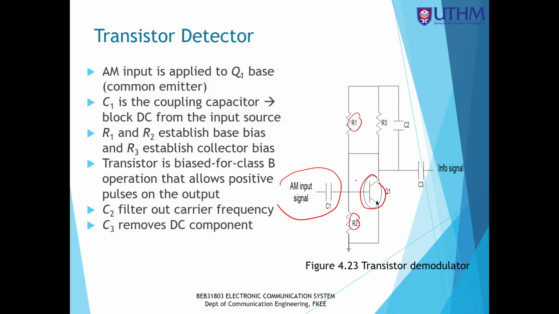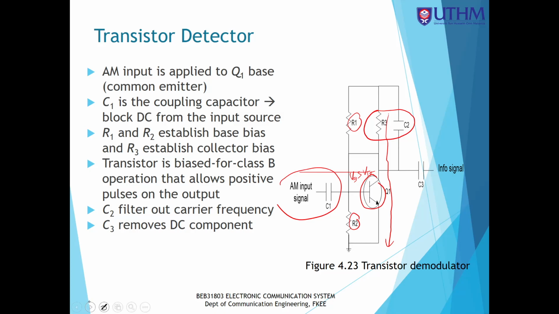If the voltage at the base is more than the threshold voltage, then current can flow from the collector to the emitter. That means it is forward bias. During the forward bias, R3 and C2 will be charging.